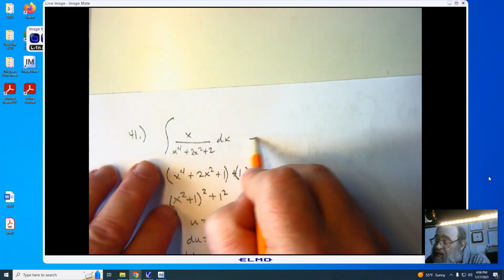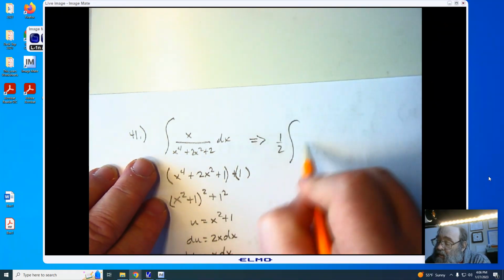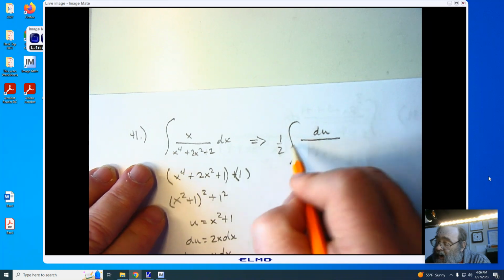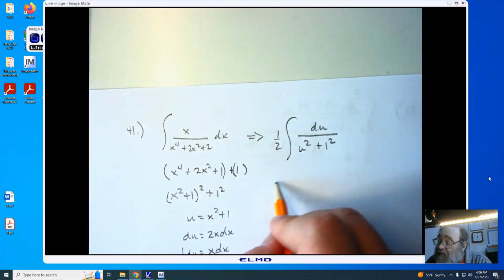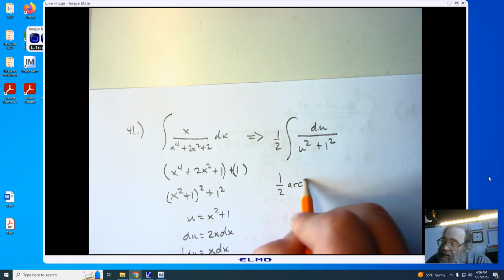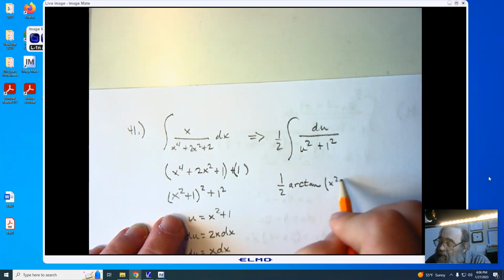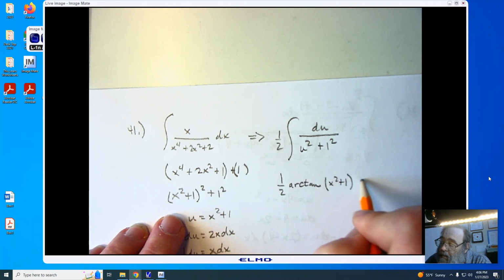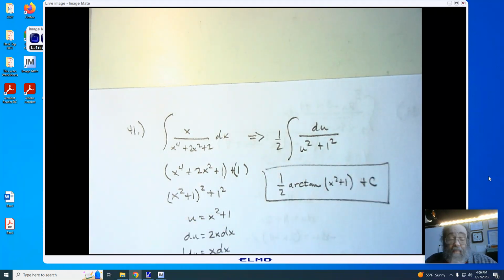I can then substitute this so that I have my 1/2 du, and then I have u squared plus 1 squared. Once again, this is the arctan, so I have 1/2 arc tangent of x squared plus 1 plus c. And that is my answer for number 41.